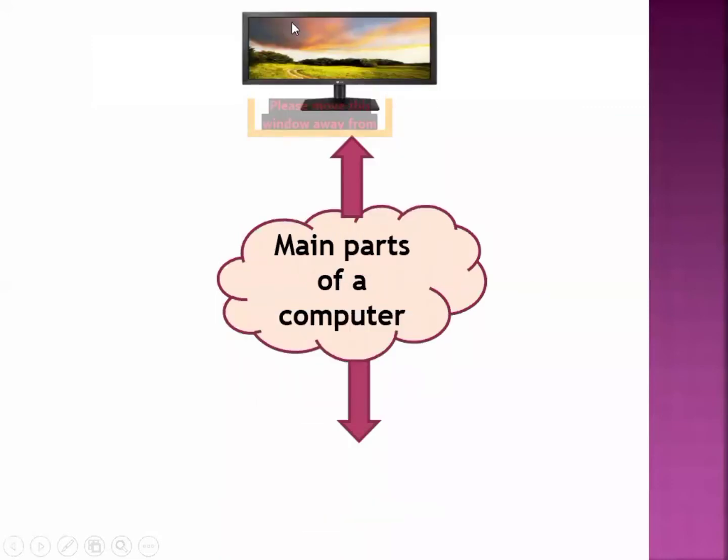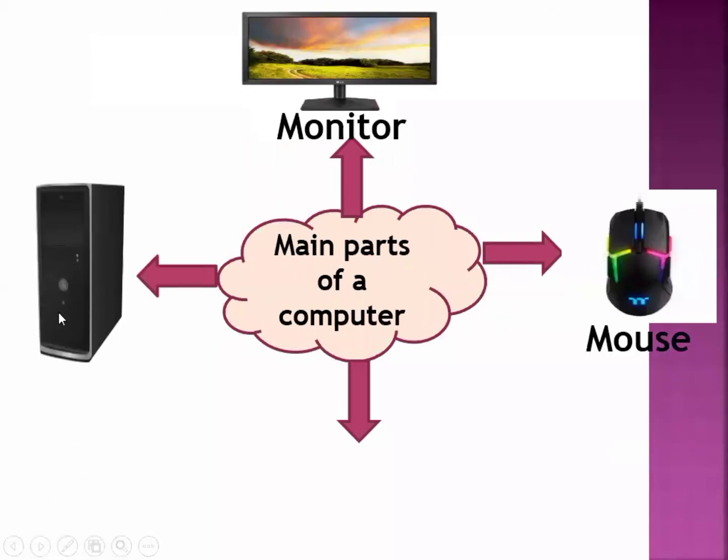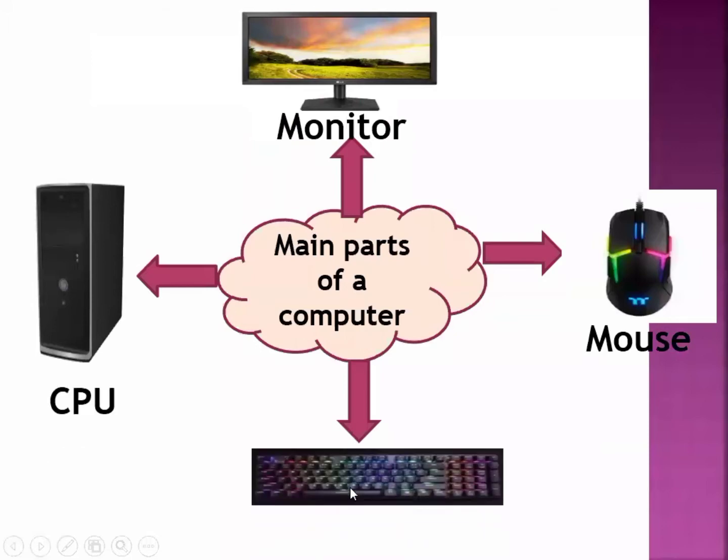What is this? This is a monitor. The second part, what is this? This is a mouse. What is this? This is a CPU. This is a keyboard. So these are the main parts of a computer.